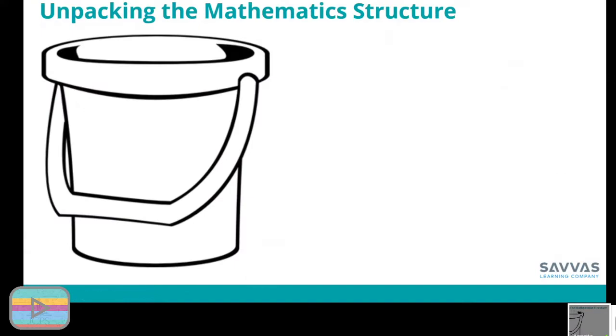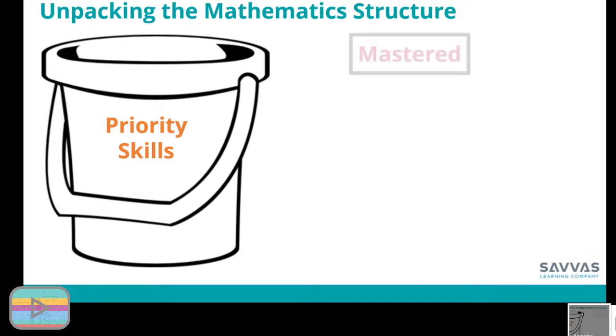Okay, so let's unpack the math standards here, the math program as it relates to the priority skills. As we talked about in the reading, the Success Maker math curriculum takes a somewhat different approach to instruction. All the priority standards from the previous grade level will be essentially in one big bucket, and students will receive questions from different standards throughout their learning journey. If students answer questions correctly and demonstrate a pattern of mastery, Success Maker will mark those skills as mastered.